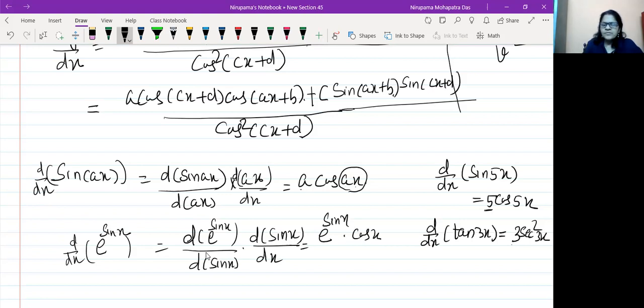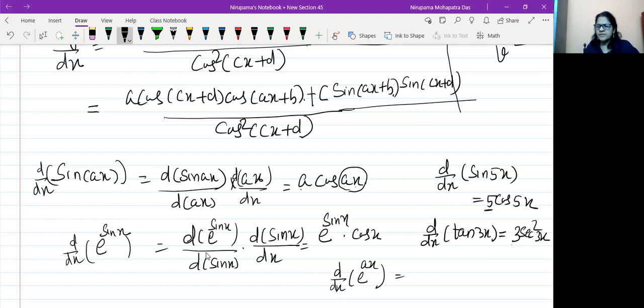Okay. Another simple thing: whenever you see e to the power x, we know dy by dx of e to the power x is e to the power x. But whenever it is not x but you are differentiating with respect to x, in that case you really have to see the step. Another example, d by dx of e to the power ax, that means 2x, 3x, 5x, even minus x.